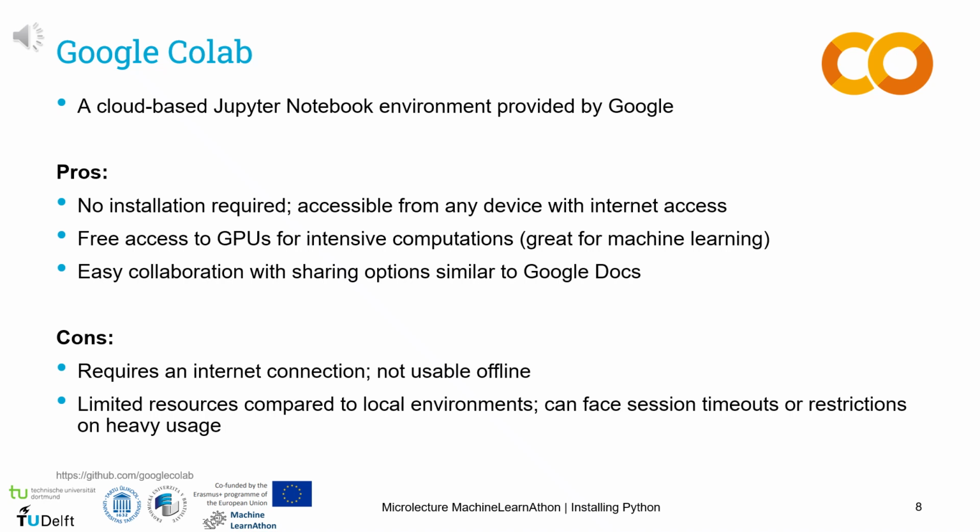What is also good about Google Colab is that you get free access to GPUs for intensive computations, which you might need for machine learning algorithms, especially for hyperparameter tuning. The downside is that you usually have timeouts, so you can run code in parallel on different GPUs, but at some point you might run into a timeout.